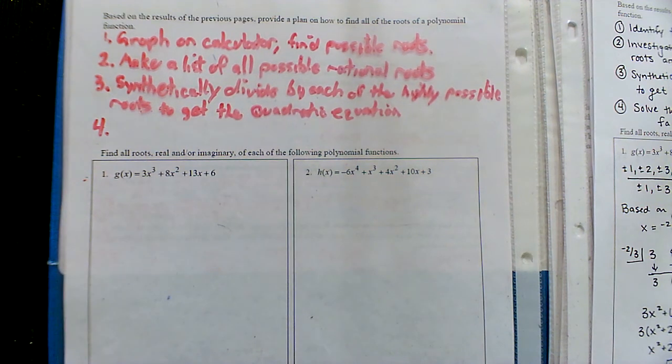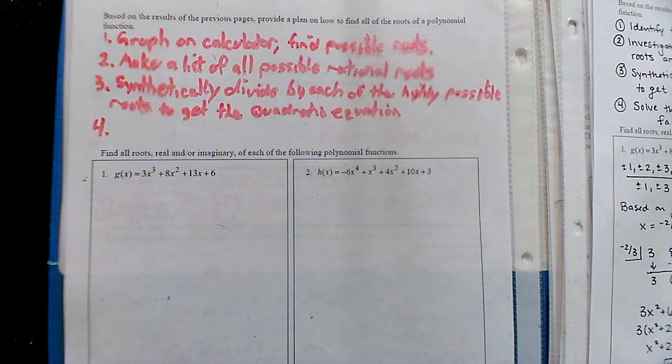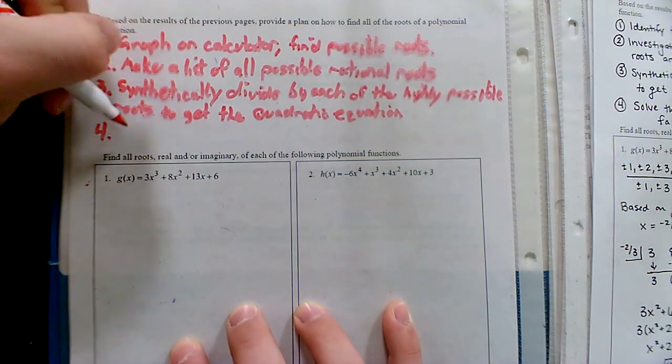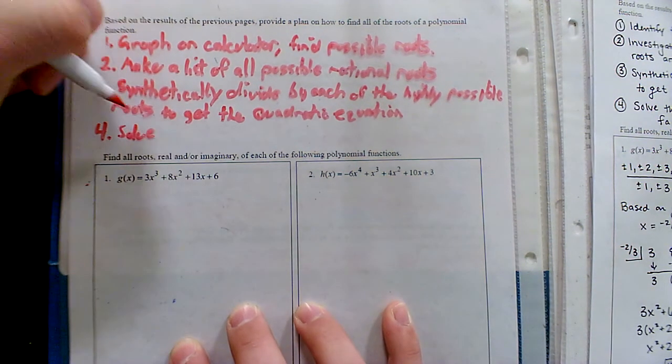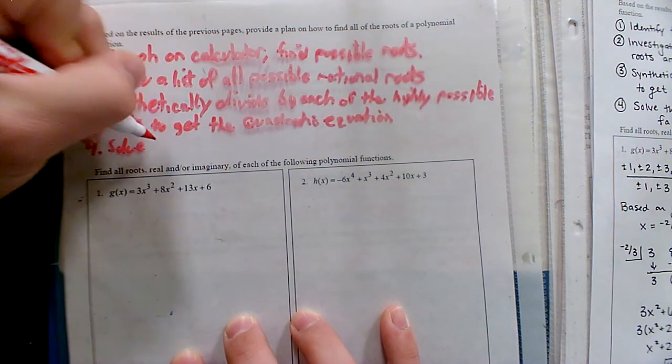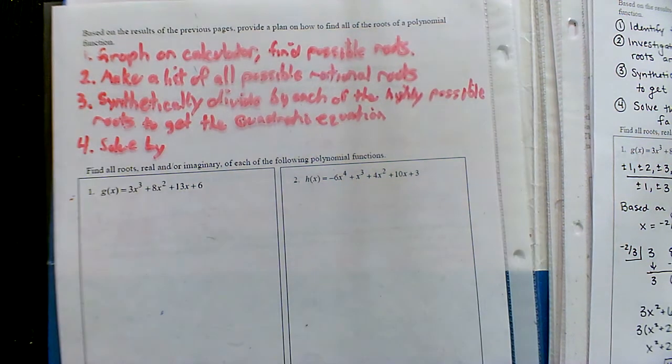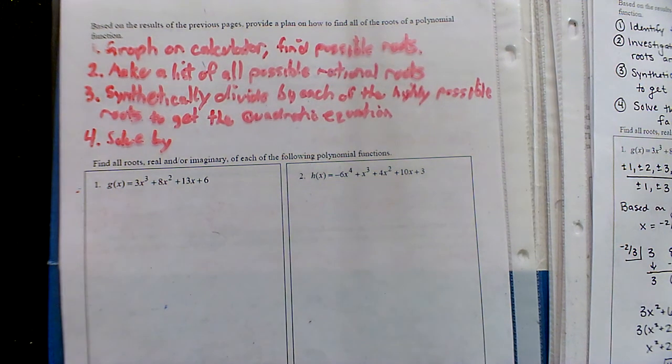And what would be our last step? Would be to discover or find other roots. Okay, you're on the right track. So solve the quadratic equation by doing what? We could do two possible things. I'm just going to abbreviate here. It's actually solve the quadratic equation by. Well, you can either use the quadratic formula or you can actually just solve it.